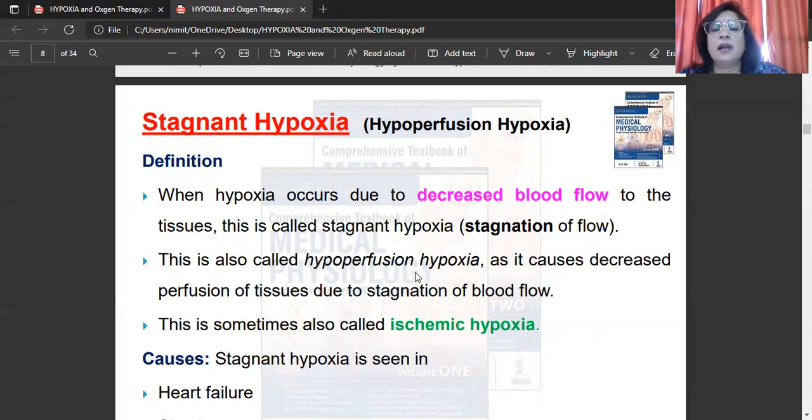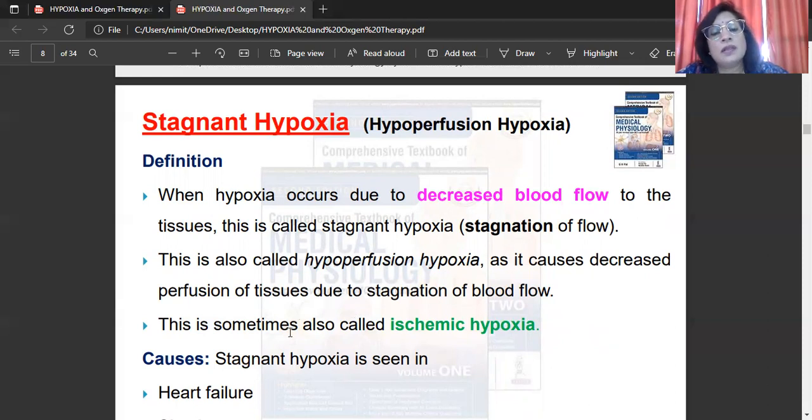It is called hypoperfusion hypoxia as it causes decreased perfusion of the tissues due to stagnation of the blood flow, finally leading to hypoxia.